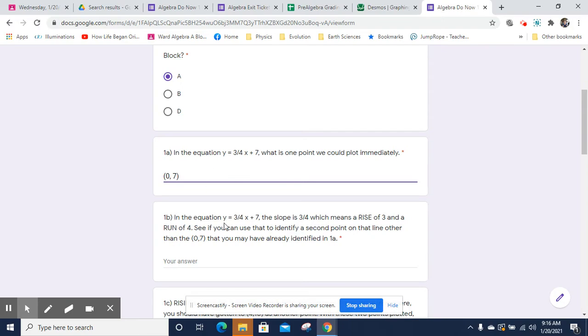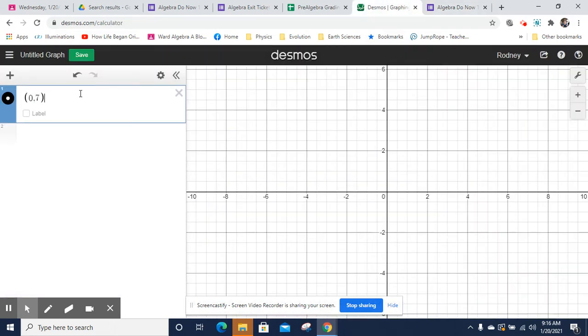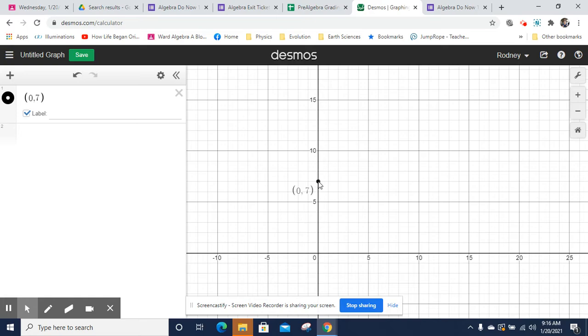In that equation, y equals 3/4 x plus 7, the slope is 3/4, which means a rise of 3 and a run of 4. See if you can use that to identify a second point on the line other than (0, 7). So I'm going to go into Desmos, and we're going to, of course, plot (0, 7). Let me zoom out a little bit. We'll label that. And so we need to use that slope, which is a rise of 3 and a run of 4.